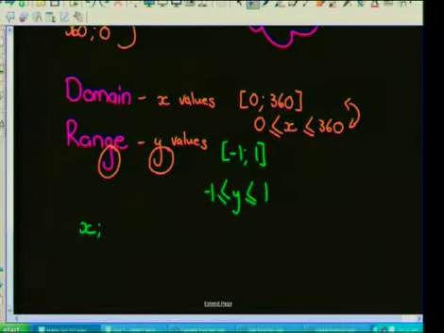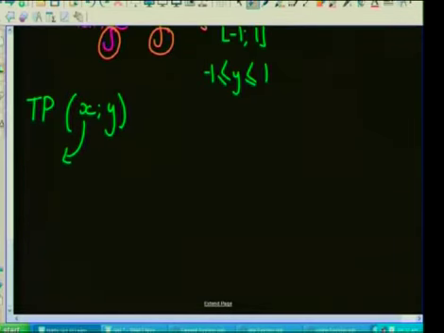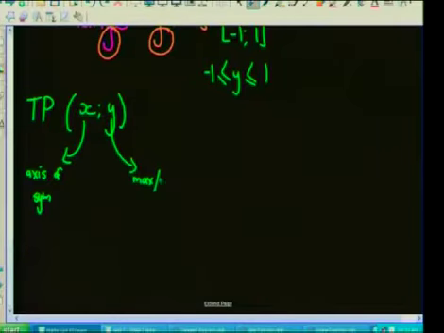So now we're doing a little bit of revision. We've got x and y, and we say that this coordinate is representing our turning point. The special name that we give the x value of the turning point is called the axis of symmetry. And the special name that we give our y value of a turning point is called the maximum or the minimum. Not maximum and minimum. It can't be both. It has to be one or the other.